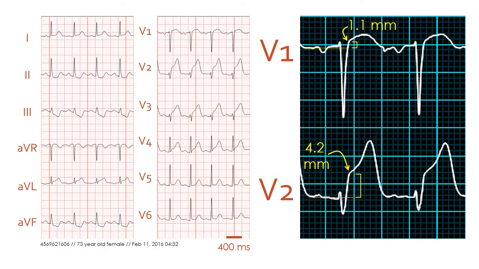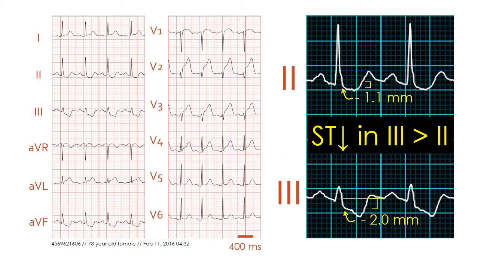We see here a detail of leads V1 and V2 where we can appreciate that the J point is elevated 1.1 millimeters above the isoelectric line in lead V1 and 4.2 millimeters in lead V2.